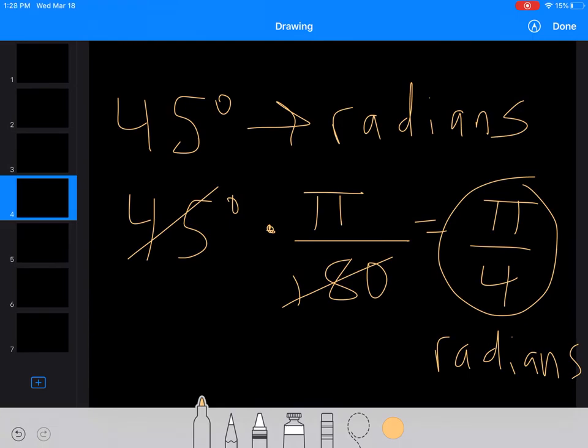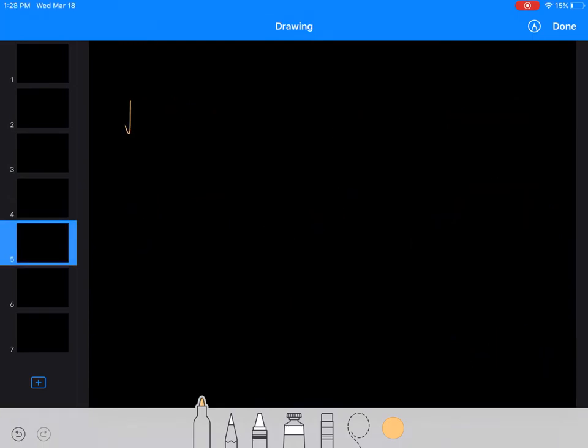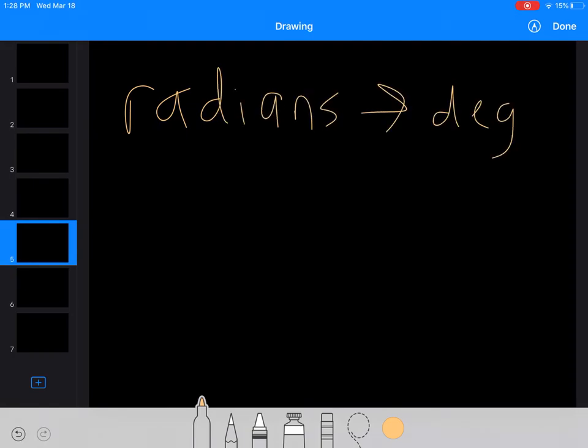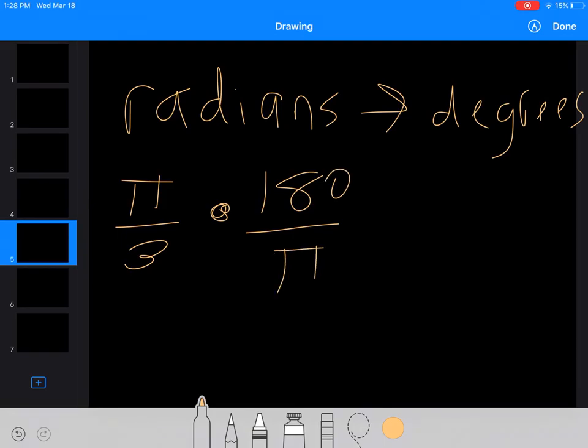And if we want to go from radians to degrees, we just flip the ratio. So if I have pi over 3 radians and I want to go to degrees, I multiply that by 180 over pi.